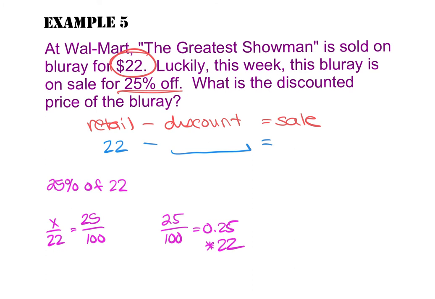So 0.25 times 22 gives us 5.5. That means we're going to save $5.50. If I take 22 and subtract out 5.5, my sale price will be $16.50, and I will save a total of $5.50.